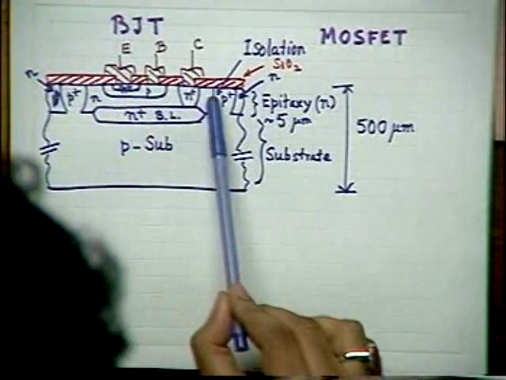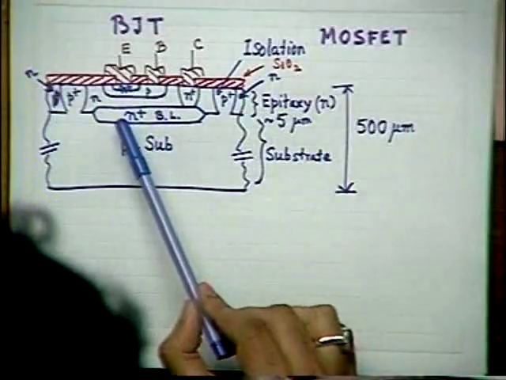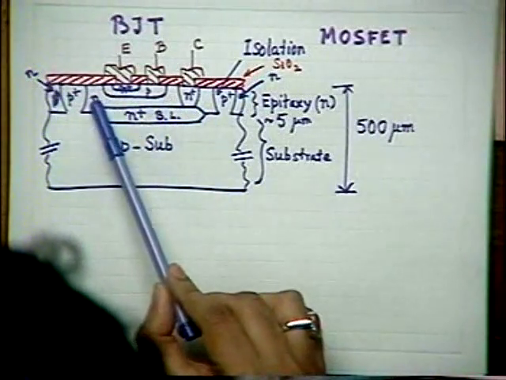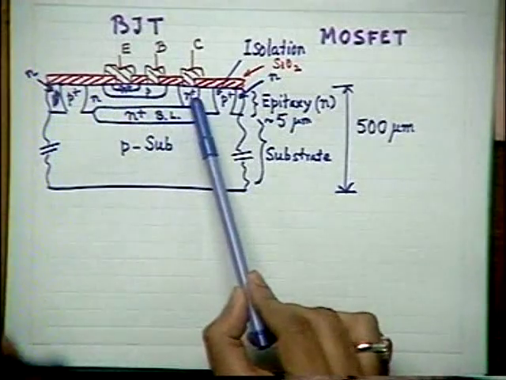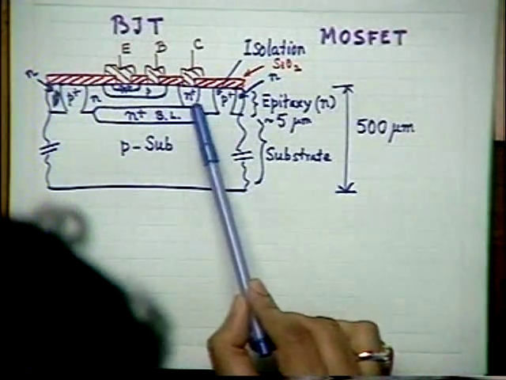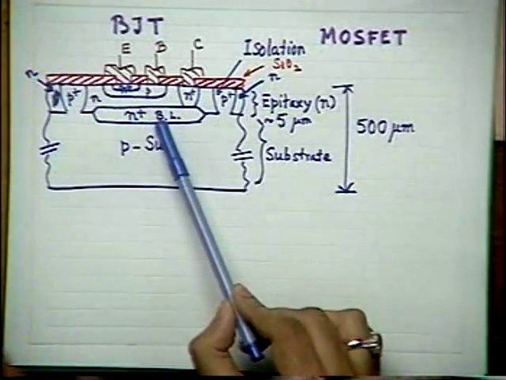Looking carefully now, if I examine the structure very carefully, you see that I have at the bottom, between the N-type epitaxial island and the P substrate, a strongly doped N plus region, and that is what is known as the buried layer. Buried layer, B-U-R-I-E-D, buried layer or buried collector.